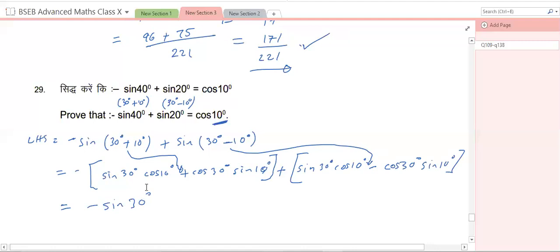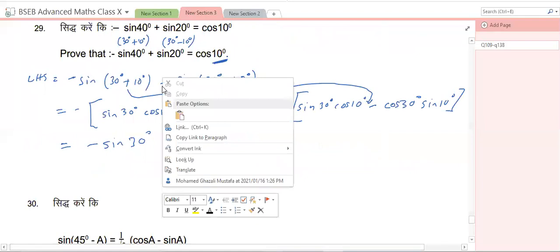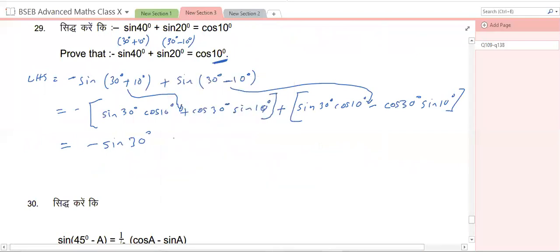Which is equal to negative sine 30 cos 10 minus cos 30 sine 10 plus sine 30 cos 10 minus cos 30 sine 10.